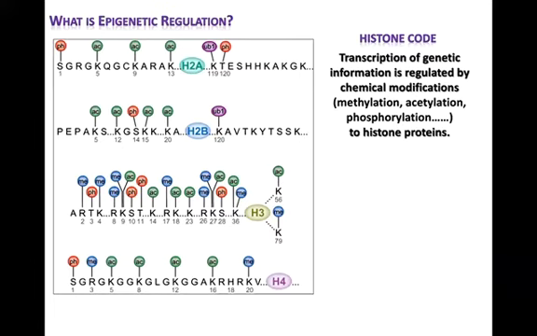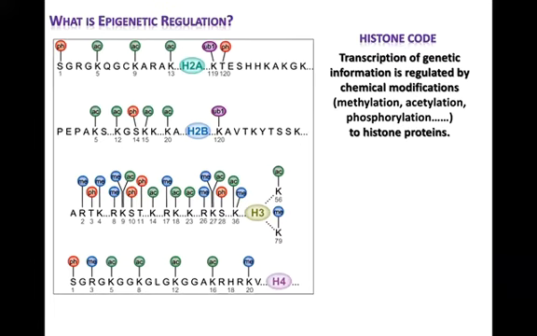You can see that within a number of modifications, a gene can be opened and expressed, while other modifications can lead to shutting down the gene so it's not expressed. If we know the perfect combination of these modifications on the specific amino acids, we can open and close a gene for expression.